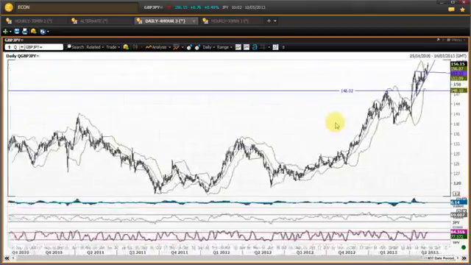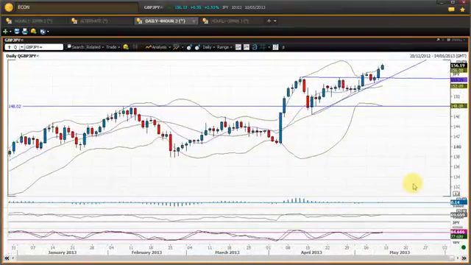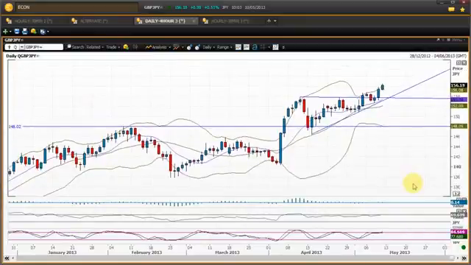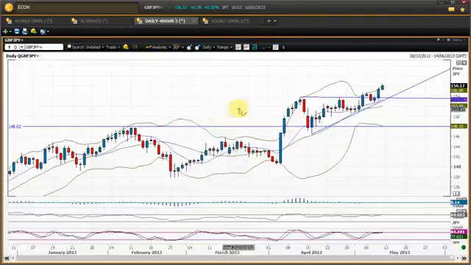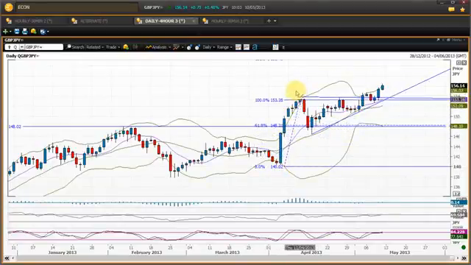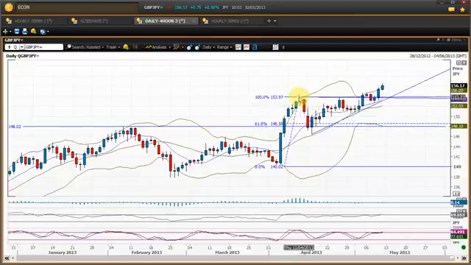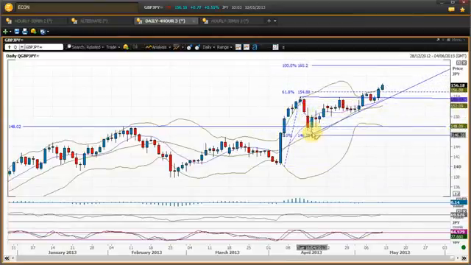So let's come back into the triangle that I was showing you and take some measured targets here. I'm going to use two tools. One of them is the fib projection, which is this one here. I'm going to look at the impulsive move, taking the low from here up to the high there, like that, and bring it down to the correction that we saw.